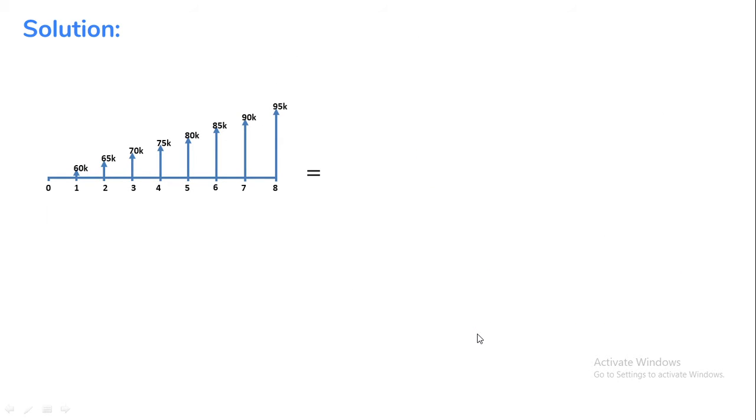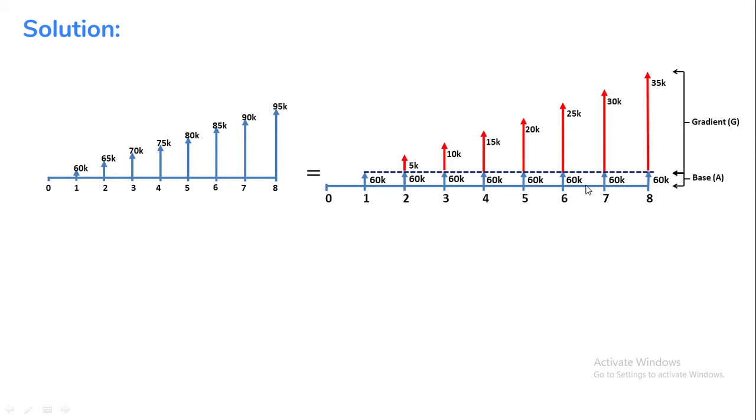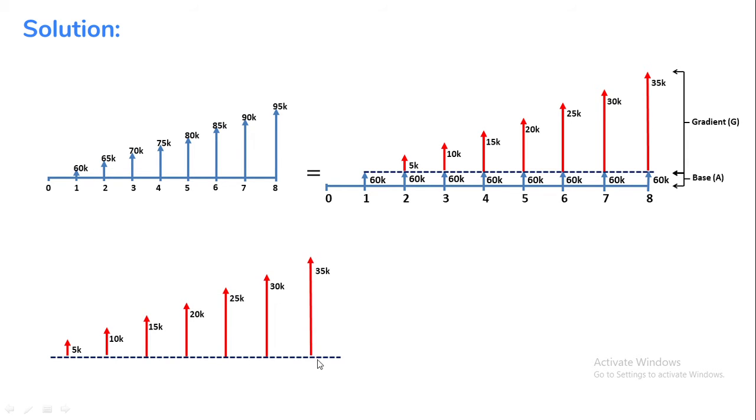To solve that problem, we need to first divide the cash flow diagram into two payments: the base, and the gradient, which is the red one. First, we need to convert this gradient into a uniform series.